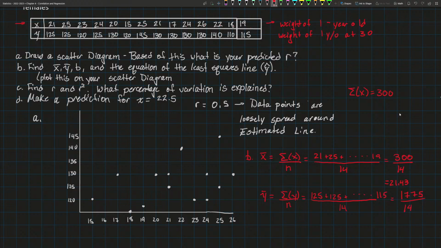We divide that by 14. And we should get 126.79. So I'm also going to label the sum of y because we're going to need that later.